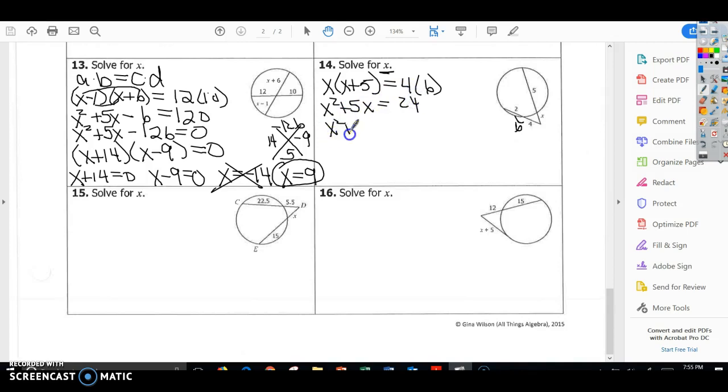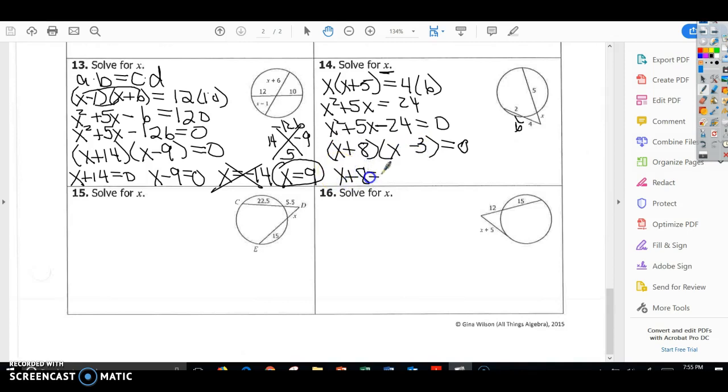Set that equal to 0 by subtracting 24 from both sides, and then factor what multiplies to give me 24 and adds to give me 5. That's going to be 8 and negative 3. So x plus 8 and x minus 3.